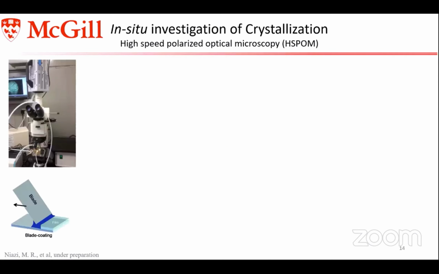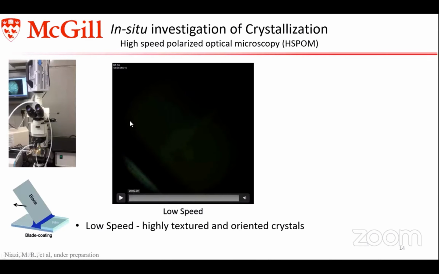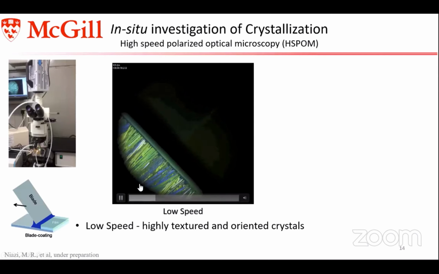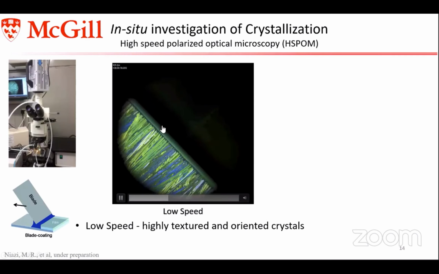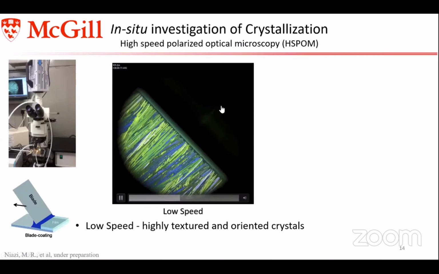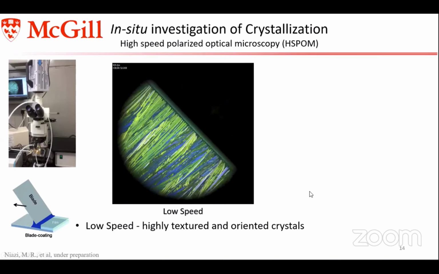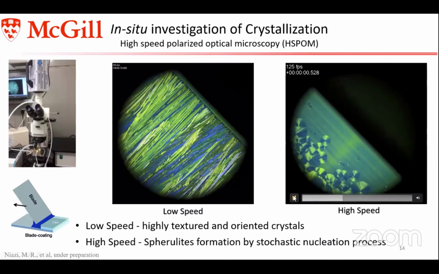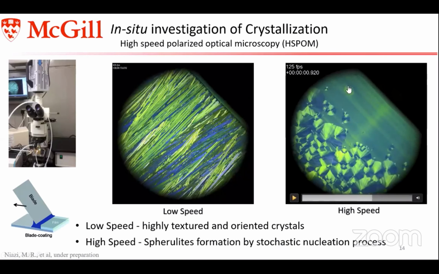If we move towards industry-compatible coating techniques such as blade coating, which have different coating regimes, at low speed we observe the formation of highly textured and oriented crystals propagating at the meniscus edge with the moving blade, while at higher speeds we observed a stochastic nucleation process happening in the extended meniscus.